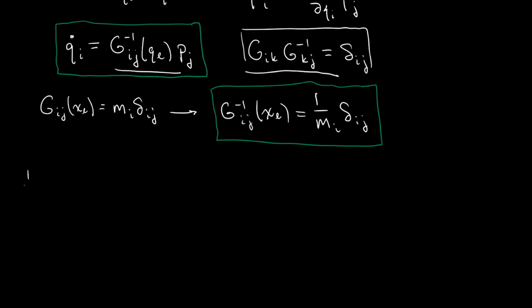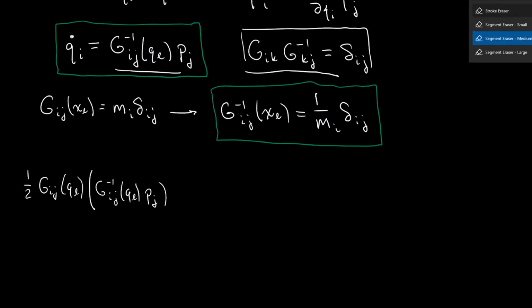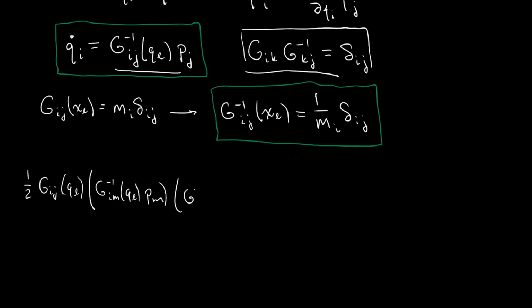And when I do that, I get something like 1/2 G_ij, and then I replace the q dots. So this is G inverse, oh, shoot, to be careful with indices, G inverse jn.